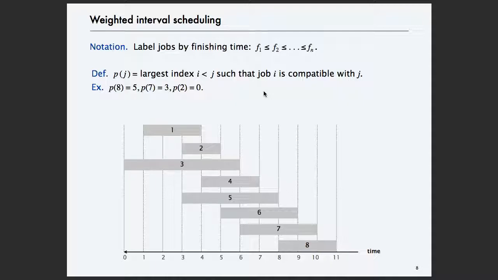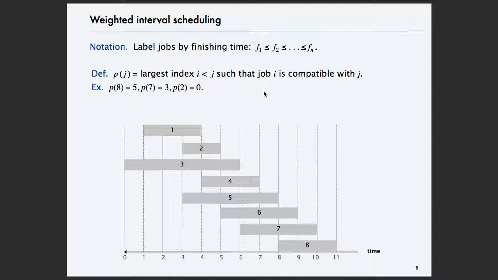So for 8, P of 8 is 5, right? And so what I'm going to do is, if I include 8 in the solution, I'm going to have whatever I had up until 5, so OPT of 5 plus 80.